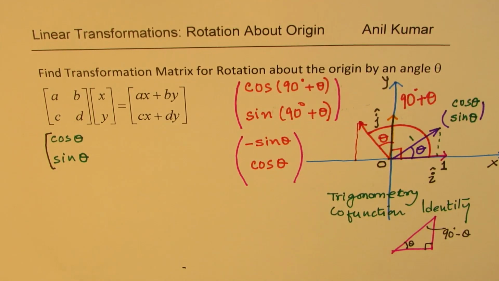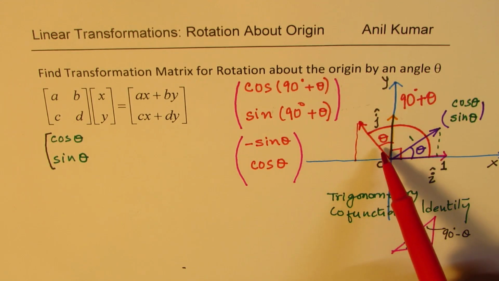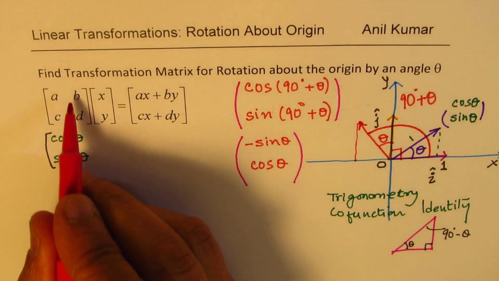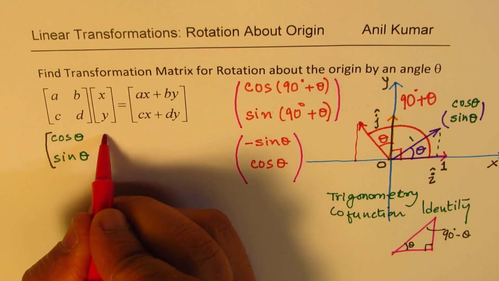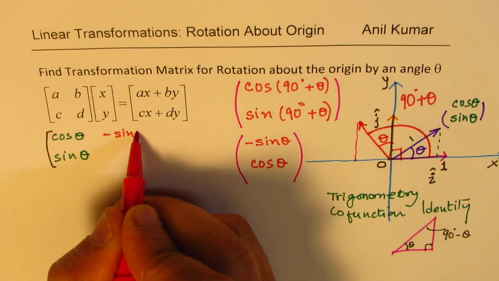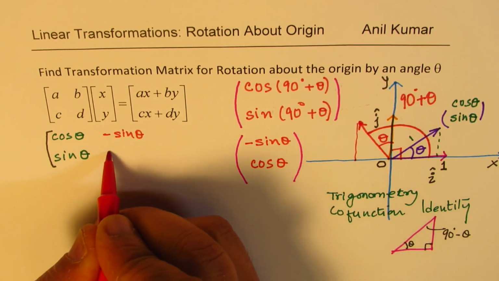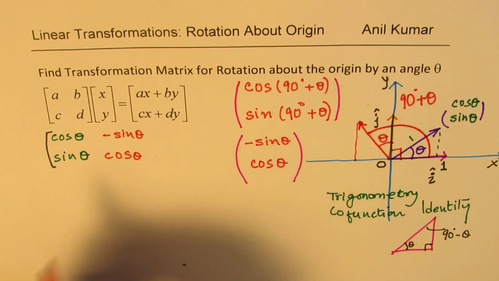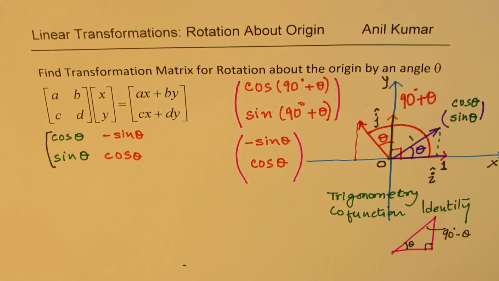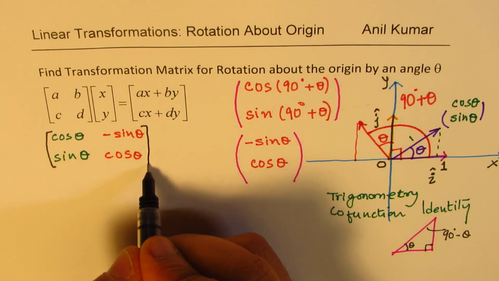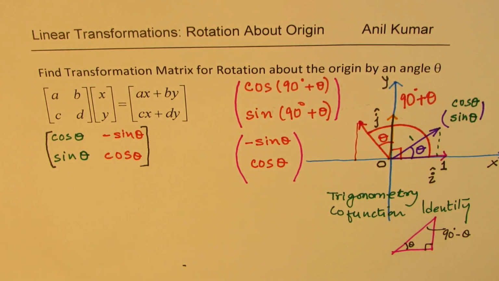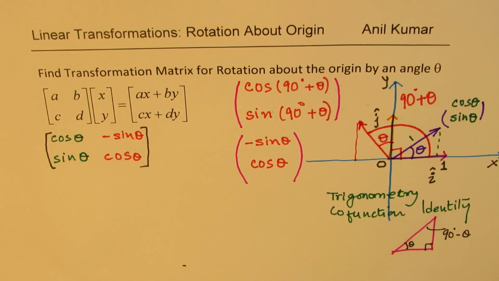And clearly, if that is my new position after rotation of theta, then b and d should be minus sine theta and cos theta. Got it? So that is how we actually get our matrix which can perform the rotation about the origin by an angle of theta. Is that clear? So simple as that, correct?